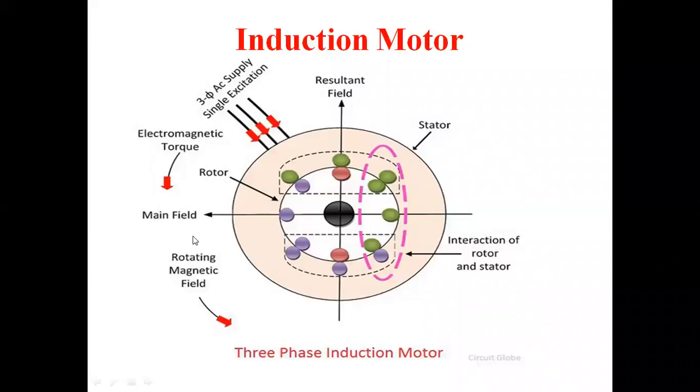The stator rotating magnetic field rotates at synchronous speed and the rotor flux lags behind the stator flux. Due to the relative motion between the rotor and stator flux, the rotor flux will try to catch up with the stator flux. According to Lenz's law, the rotor rotates in the direction of stator flux to minimize the relative motion, and this is how the rotor starts rotating. The rotor current is produced by induced EMF, therefore this motor is known as an induction motor.